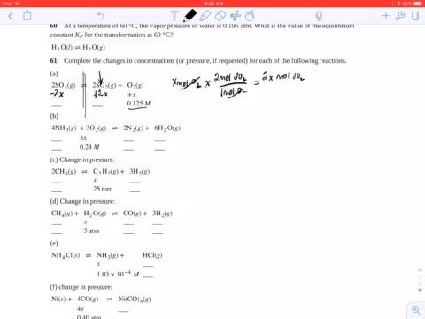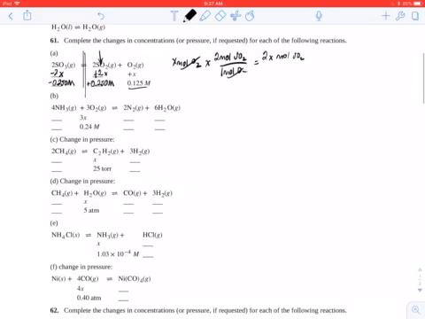Under SO2 it's 2x, so I'm going to multiply 0.125 by 2, and that is going to be 0.250 molarity. I'll put a little plus sign in front of that to be very clear. On the other side of the equation we have minus 0.250 molarity.